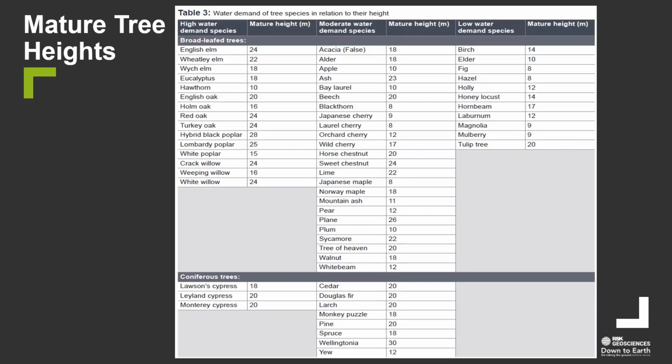Here's again a table of different tree species and high, moderate and low water demand from the left to the right hand side of that diagram, and depending on the particular tree species and the mature heights, from that information one can design the foundations.